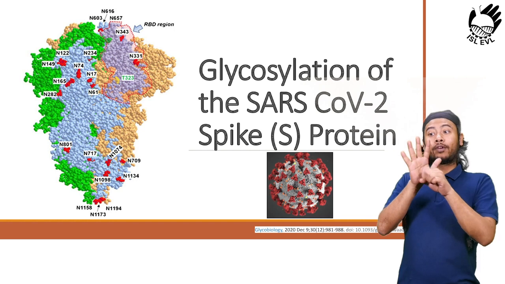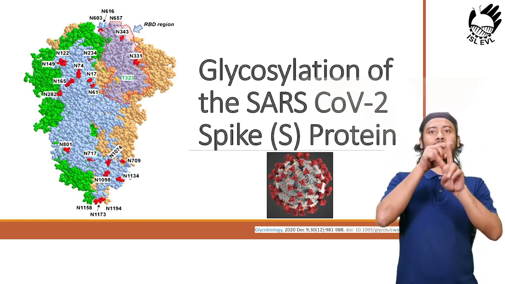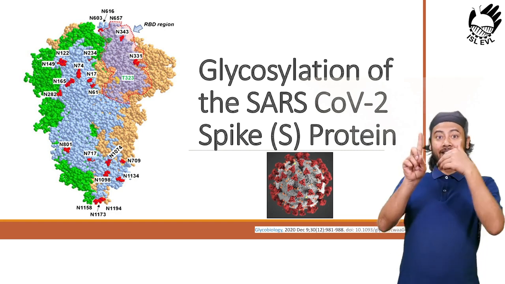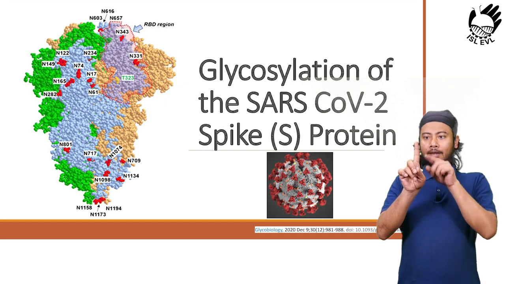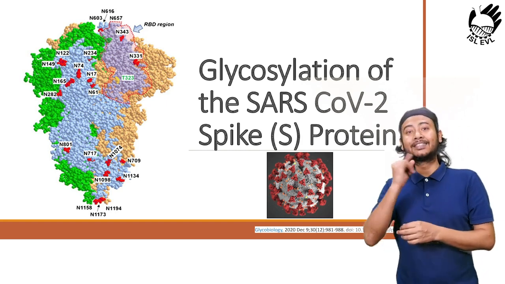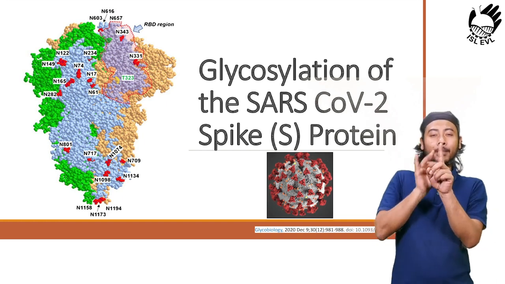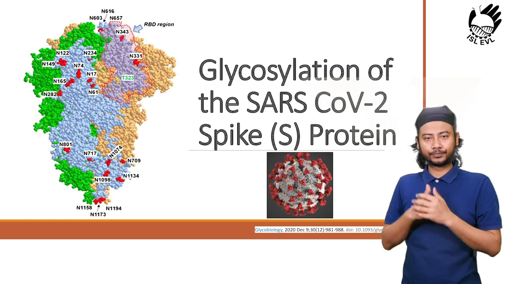There are 3 units of spike protein attached together in each of the viral spikes, and each spike protein unit has 22 N-glycosylation sites. So altogether there are 66 N-glycosylation sites present on each spike of SARS-CoV-2, as shown here in this figure.